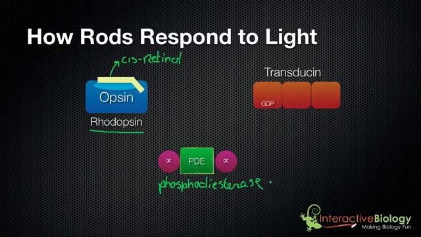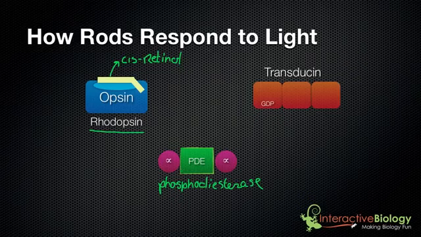So these are the major players inside of the rods: rhodopsin, transducin, and phosphodiesterase. Now, to keep the bigger picture in mind, the phosphodiesterase is the one that really does the damage, and I mean damage in a good way.